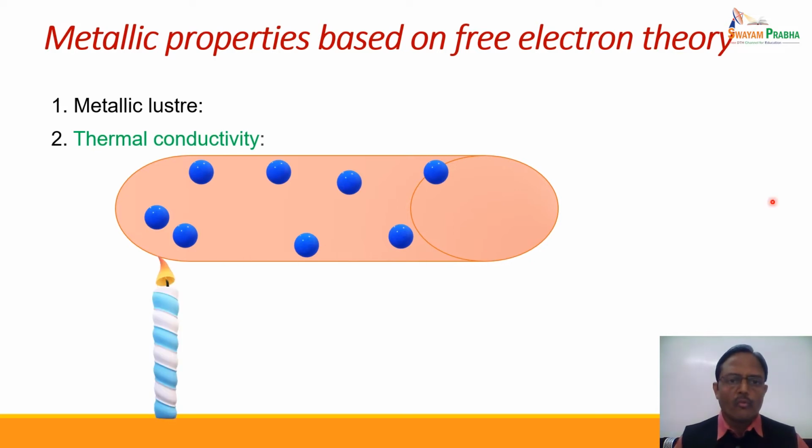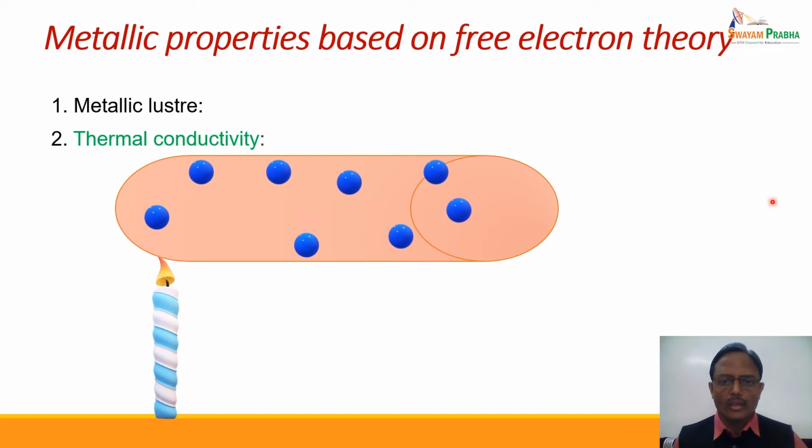Now when one end of this metal is heated, it leads to an increase in temperature, which leads to an increase in the kinetic energy of the free electrons as well as the kinetic energy of the fixed cations, or the kernels. But kernels cannot move from their positions, so they start vibrating at their position. At the same time, the electrons start moving freely from one end to the other.